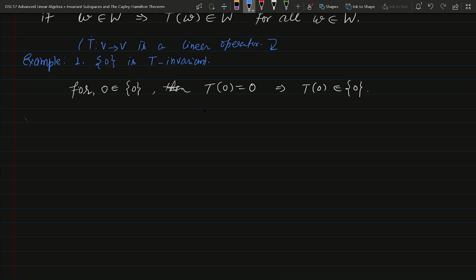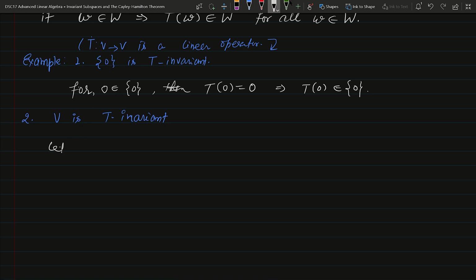Then in the second one, we have that the vector space V itself is T invariant. These are obvious examples of T invariant subspaces. So how can we prove that?